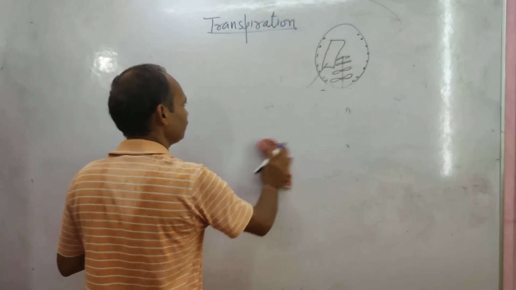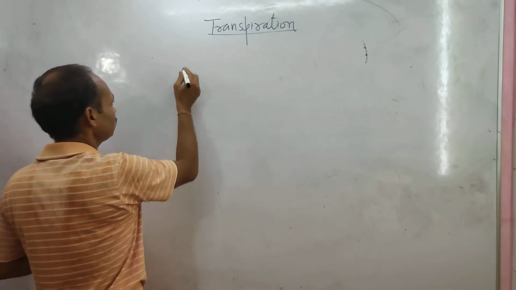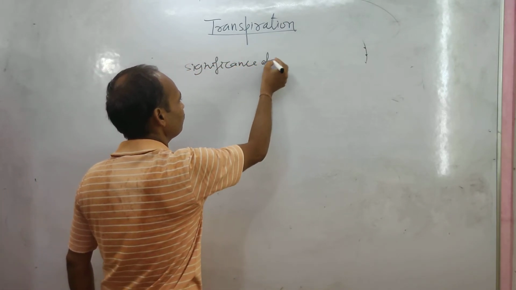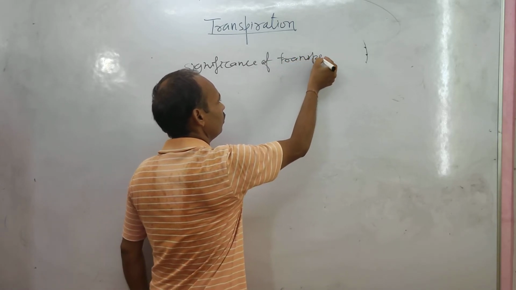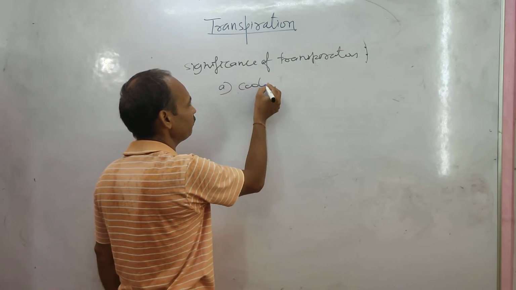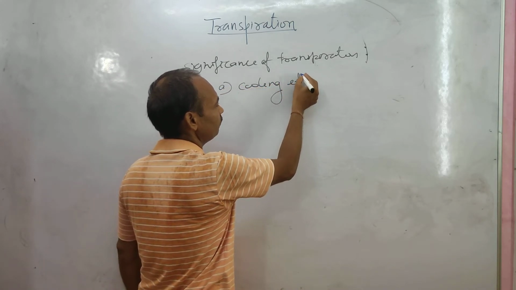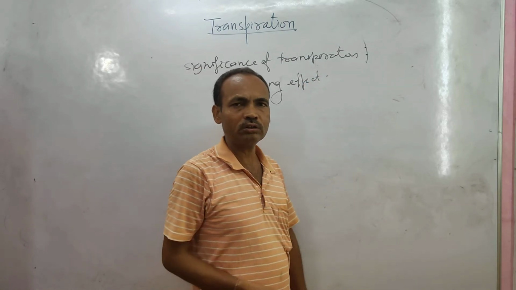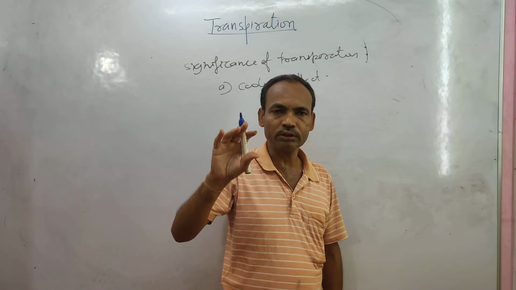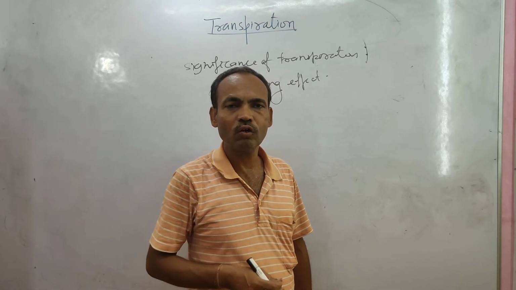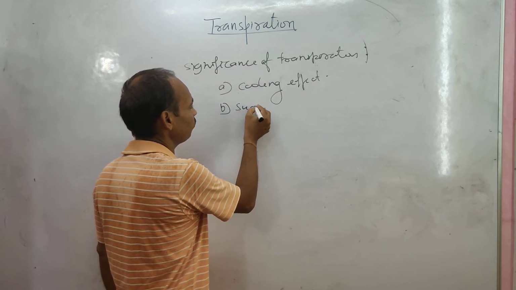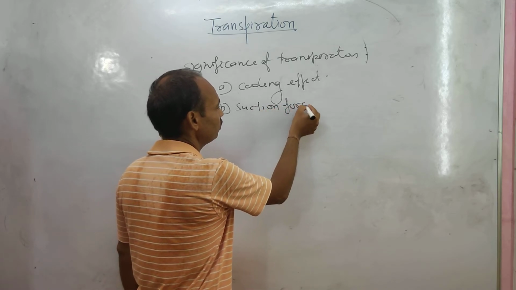The next important point is the significance of transpiration. Significance means the importance of transpiration. What is the function of transpiration? First of all, the cooling effect. Transpiration keeps the plant cool by continuously providing water. The second point is that it produces suction force.